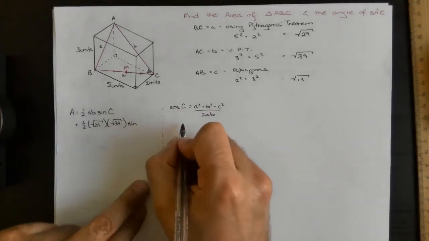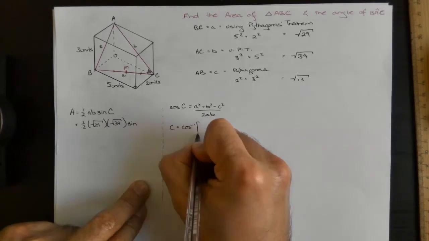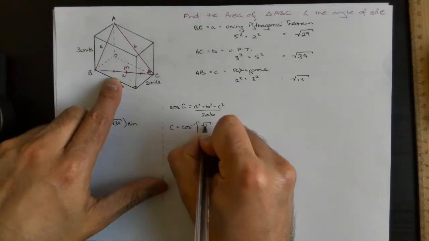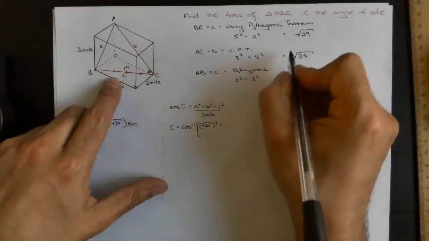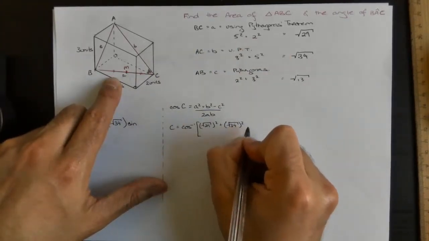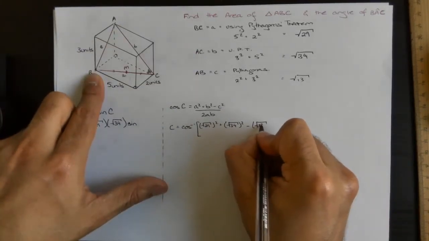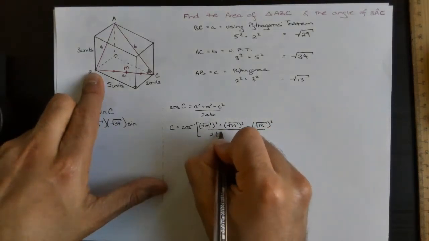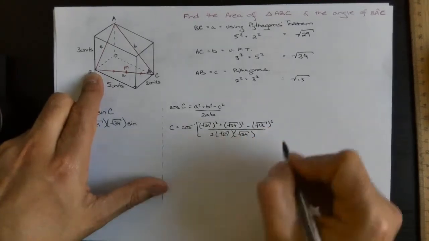So C is inverse cos of the sides next to it: a is square root 29 squared plus b squared, and b squared is 34, minus c squared, which is 13, all over 2 lots of a and b, so square root 29 and square root 34.